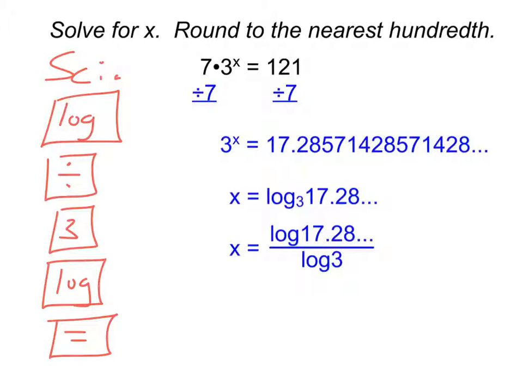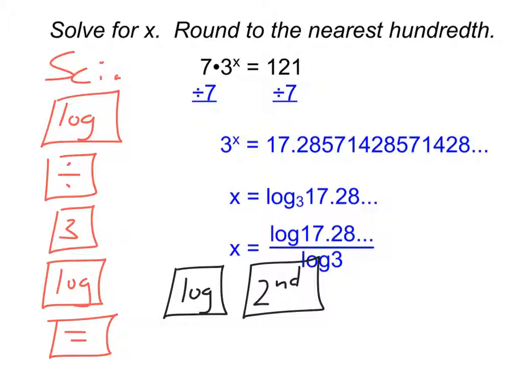So if you're using one of those, what you're going to type into your calculator with the 17.28 number still showing is you're going to type in log, so press the log button. And then you're going to go second, and then you press the negative button. Notice it's not the minus, it's the negative key right along the bottom.